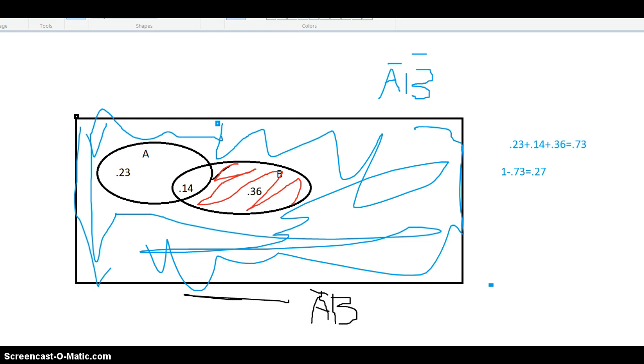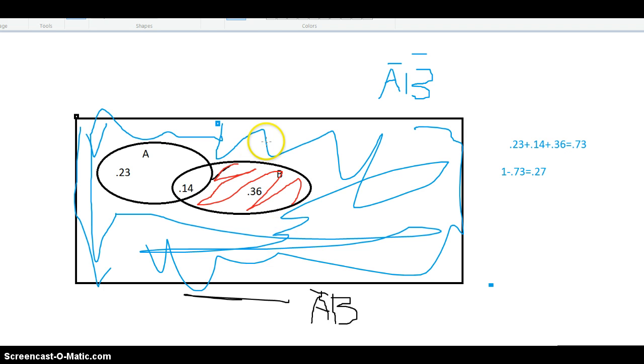And the second question, find the probability that either A or B occurs. So it's A or B. Looking at the picture, A or B would be the 2 circles.